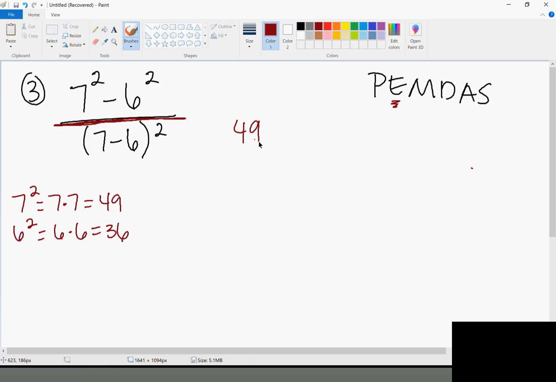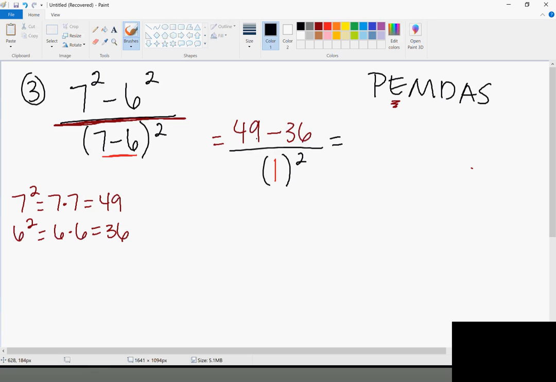So we have 49 minus 36 divided by, now at the bottom, we've got 7 minus 6 in parentheses, so we're going to do that first, which is just 1, and then we have 1 squared.